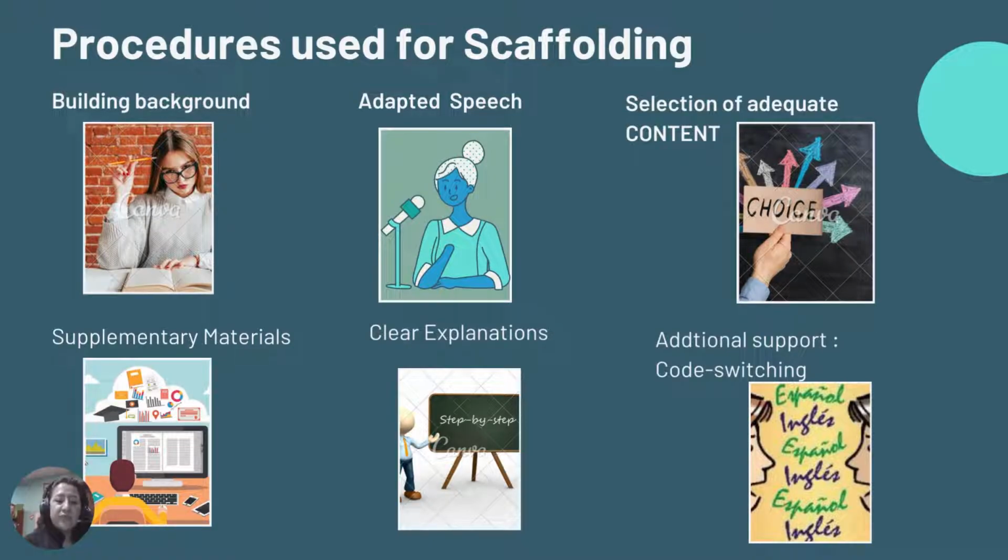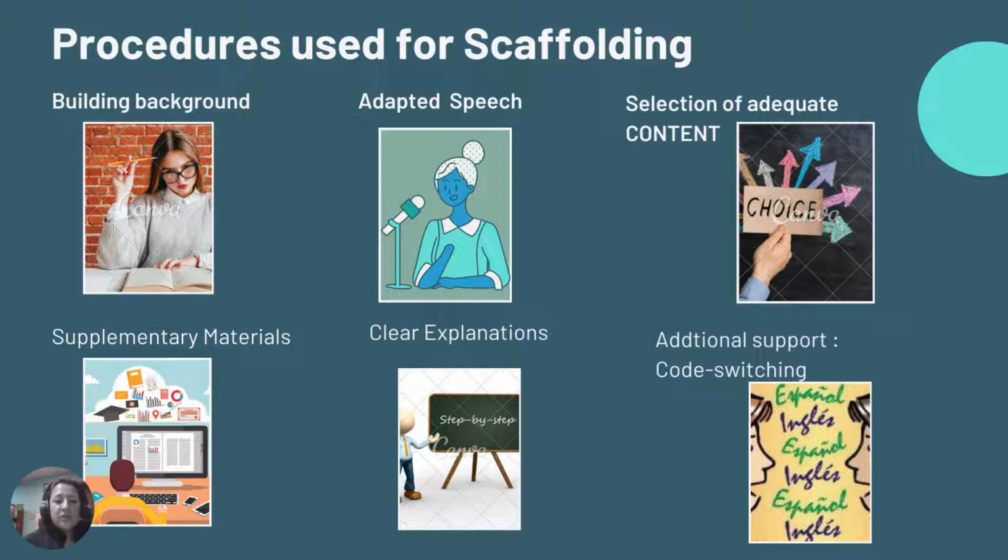Now, for the procedures used for scaffolding, it's necessary to notice all of the six presented here. It's important to mention that certain procedures are the following. The first one is building background in order to make connections with the new content.